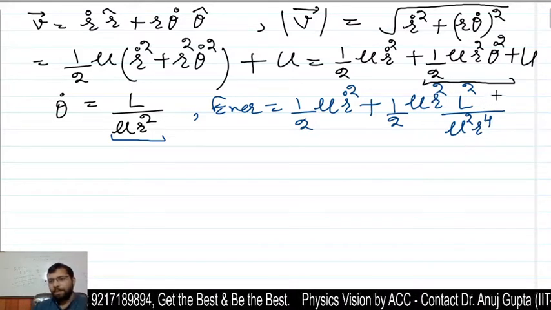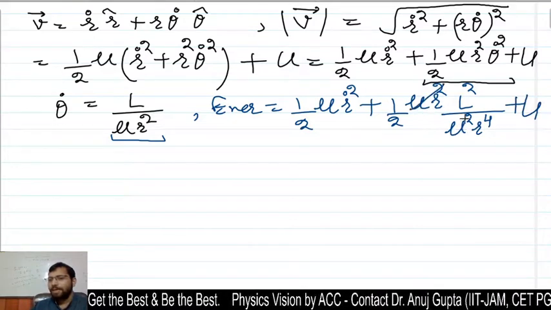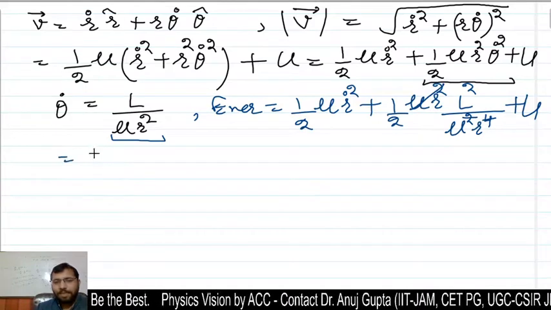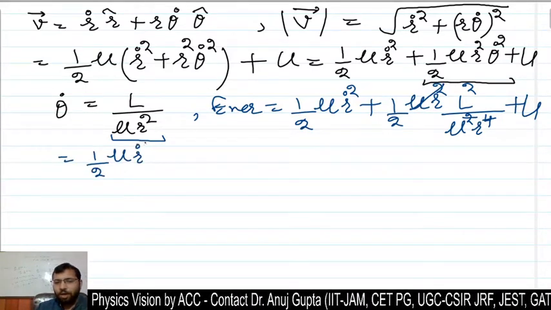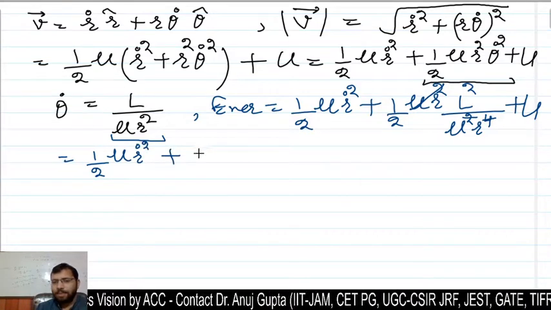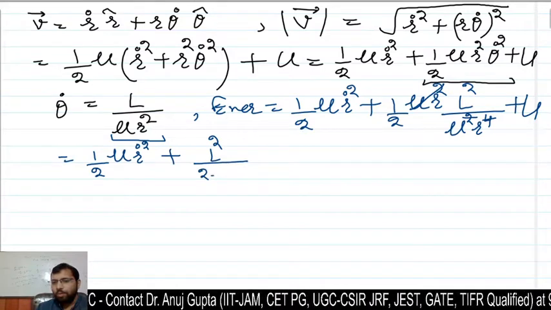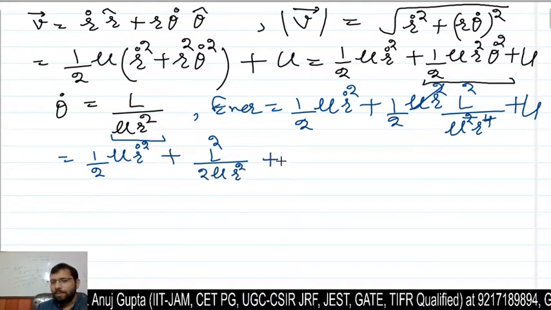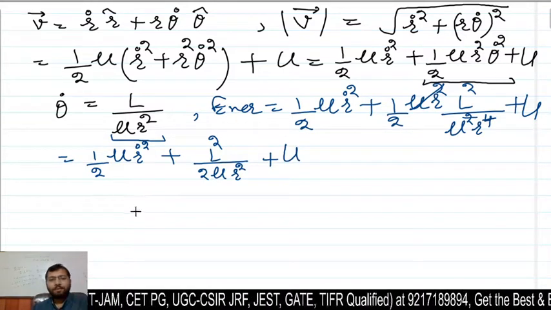ठीक है, और प्लस u, इसमें से mu r square कट जाएगा, कट के कितना आ जाएगा, टोटल एनर्जी कितनी आ जाएगी, हाफ ऑफ mu r डॉट स्क्वायर प्लस L स्क्वायर अपॉन 2 mu r square plus u. ठीक है, now see it carefully.